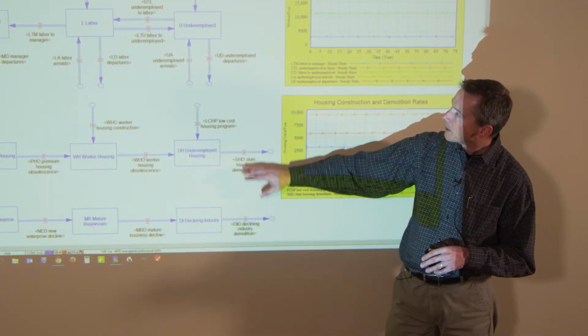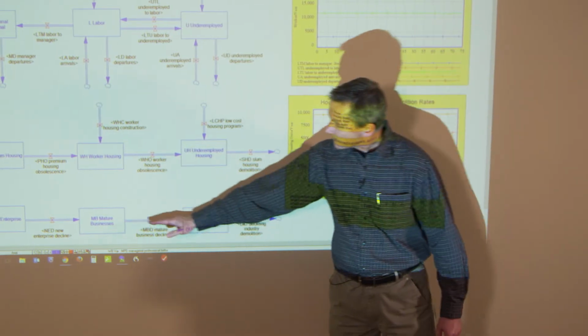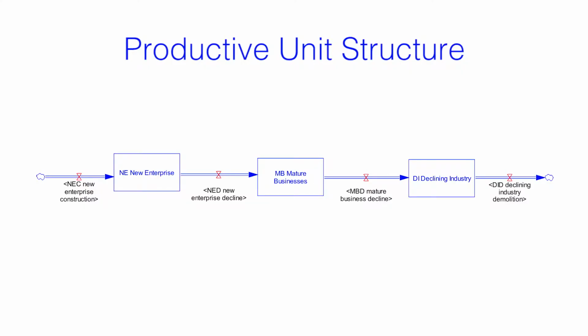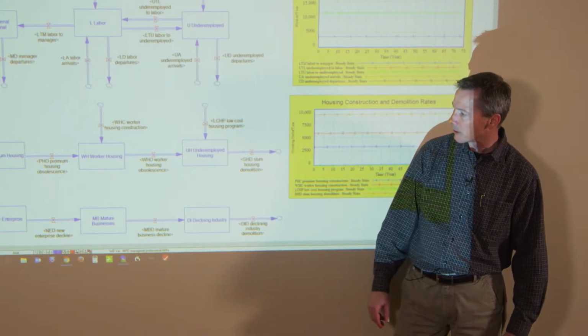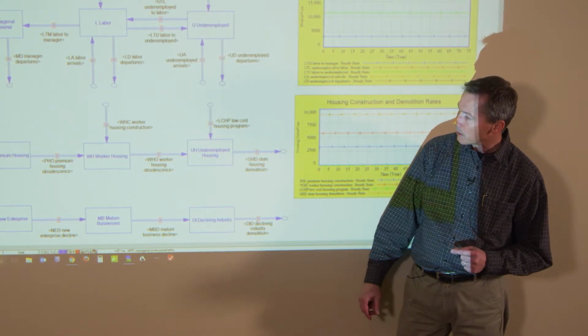So with that, I'll begin walking through some of the foundational elements here. This basic chain here at the bottom represents the productive unit structure that we have in Rapid City. We have new enterprises, we have mature businesses, and we have declining industry. And this really represents an aging chain that businesses or productive units, no matter what you might call them, go through.